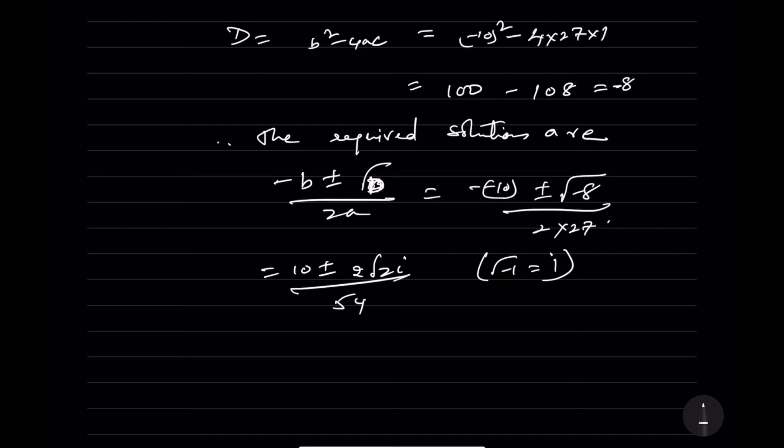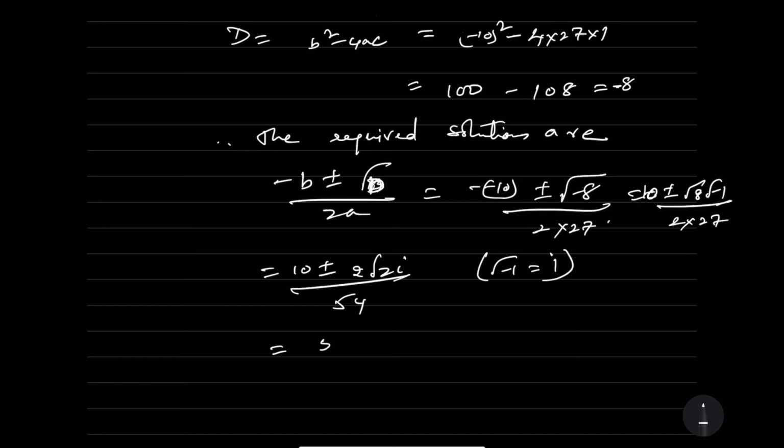Because root 8 can be written as 2 root 2, you can write this as 10 plus or minus root 8 into root minus 1 divided by 2 into 27, that is 54. So here you can take out 2 common in the numerator and denominator.